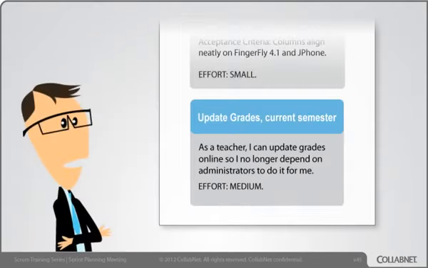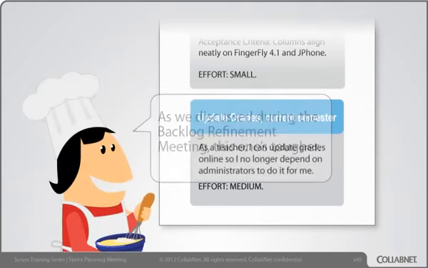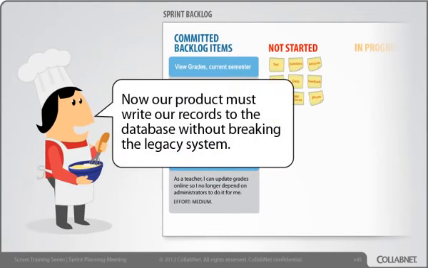As a teacher, I can update grades online so I don't depend on administrators to do it for me. As we discussed during the backlog refinement meeting, this one's tougher. Now our product must write our records to the database without breaking the legacy system.